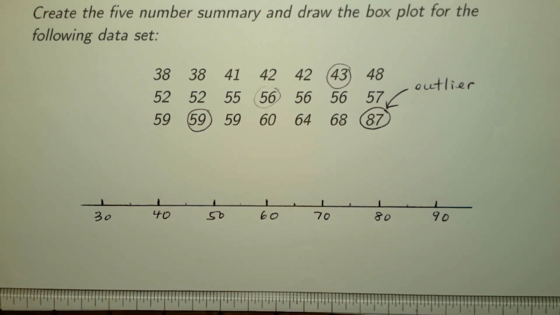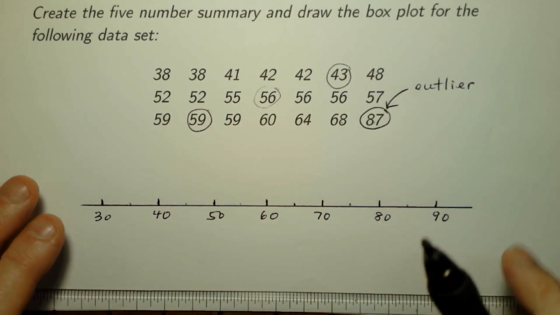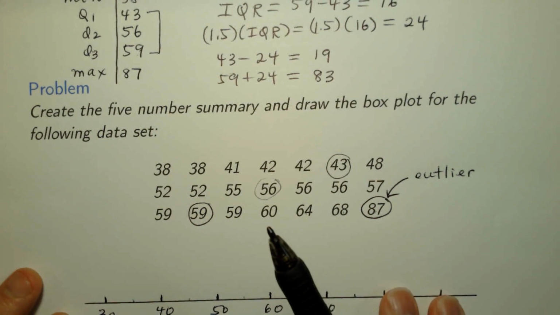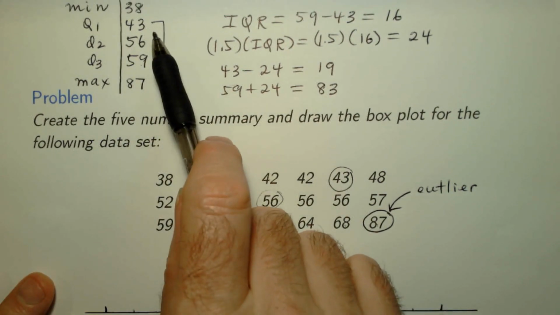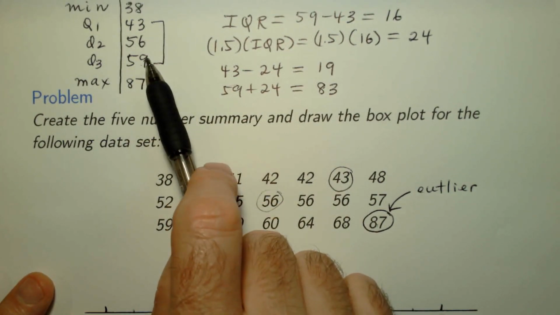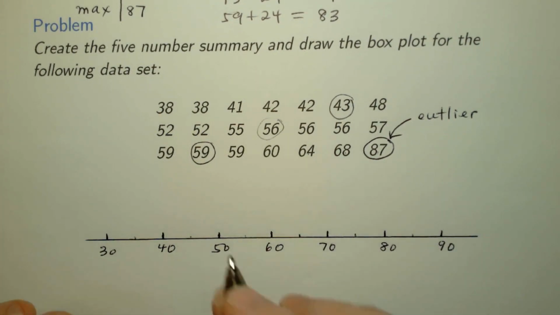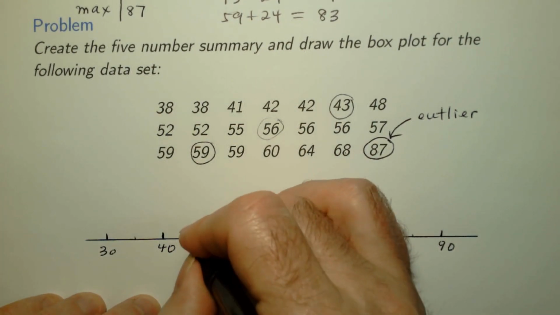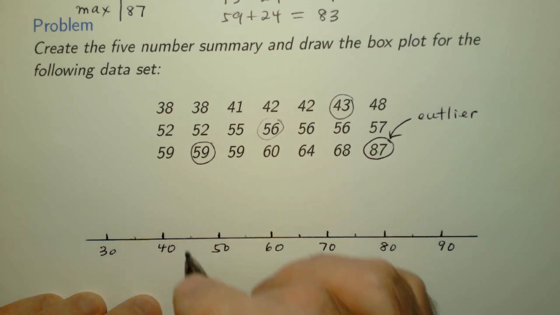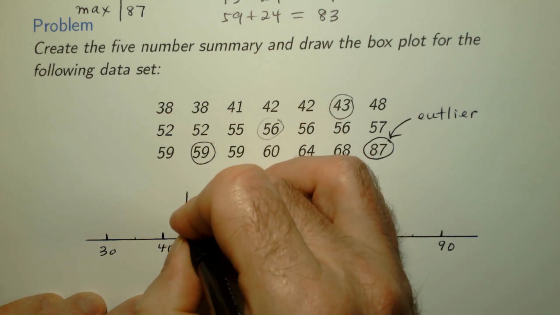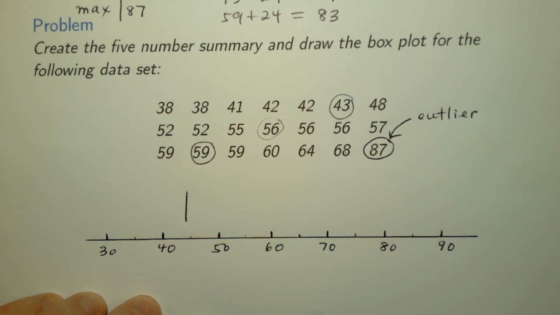Okay, now I always like to begin drawing my box plot by working out the rectangular box that indicates the interquartile range. So I'm going to find 43 and 59 and draw my rectangular box there. So 43 is just to the left of this 45 tick mark. So I'm going to put the left end of my box there at 43.